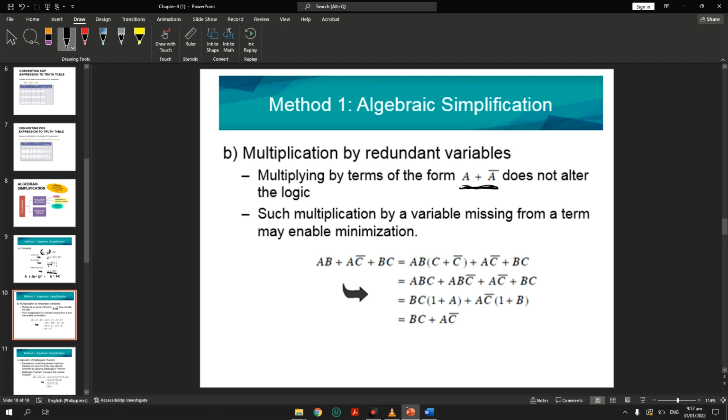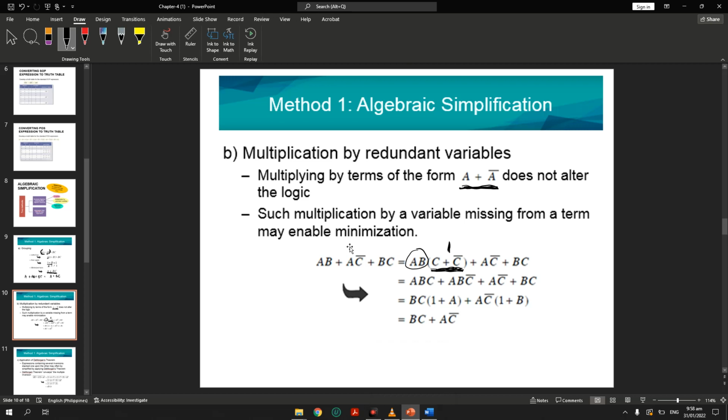What we have done here is we have multiplied C plus C complement to the first term, to the AB. We have multiplied it to AB because the value of C plus C complement is equal to 1. So AB times 1 is just equal to AB. So we choose only one of the terms so that we could simplify the term itself.